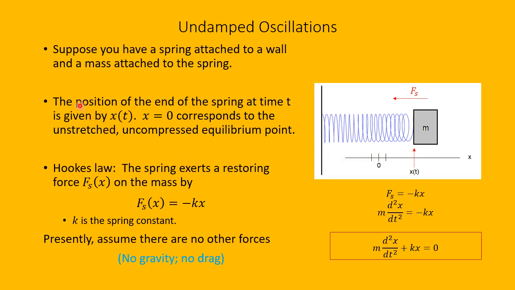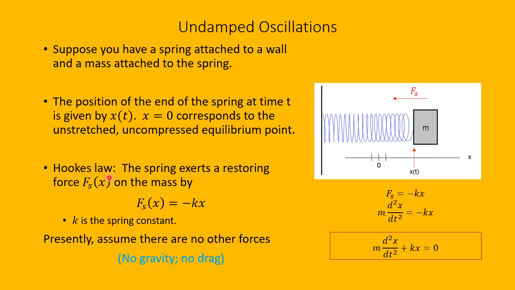We'll assume that the position of the end of the spring at time t is given by x of t. x of 0 corresponds to the unstretched and uncompressed equilibrium point. For instance, in this figure, if the mass were right here, so that the spring would go from here out to 0, that would be the equilibrium point.